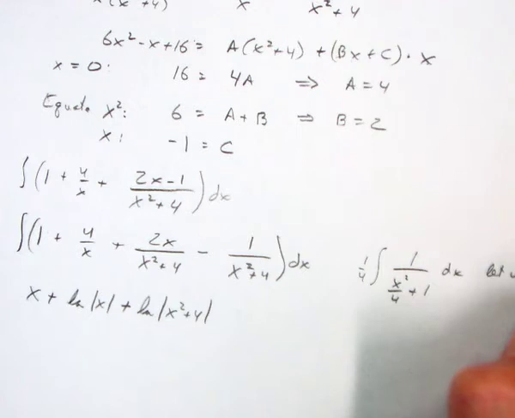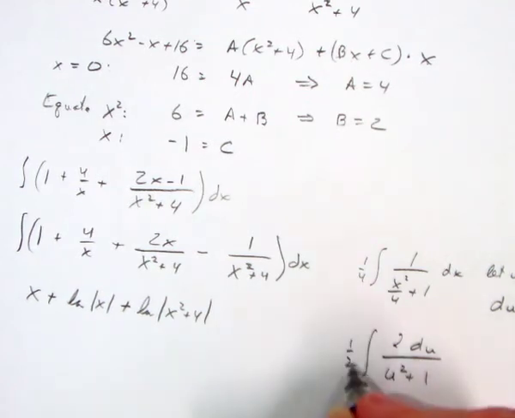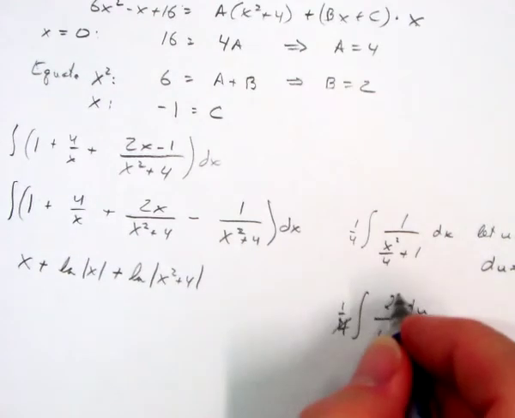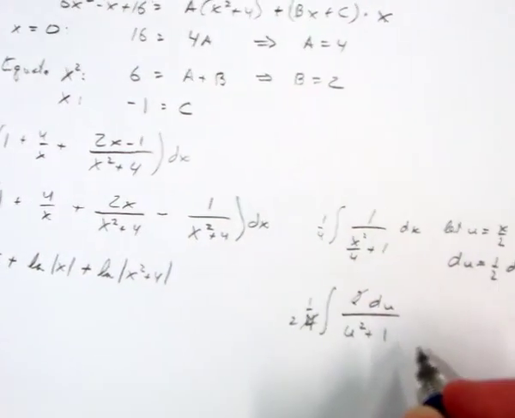Let u equal x over 2, du is 1/2 dx. So when we substitute that in, we'll have 2 du, here will be our dx, over u squared plus 1, and then we have 1/4 times that. So go ahead and reduce that. So we have 1/2.